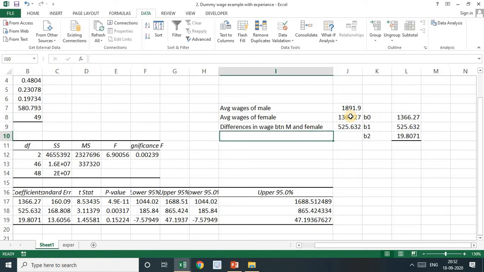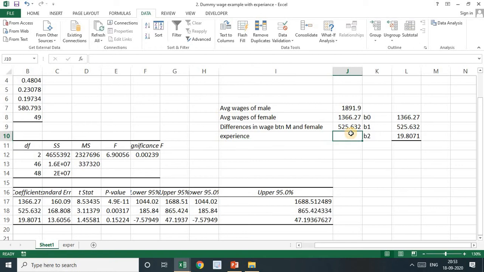Then what is beta 2? It is experience. It tells us that on average, if a person has an additional 1 year of experience, irrespective of gender, they get around 19 rupees extra.